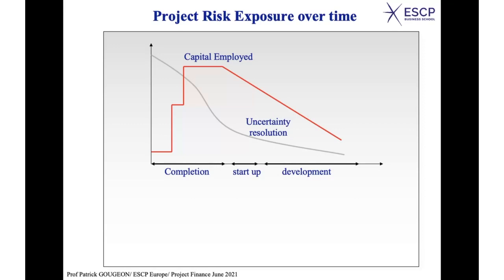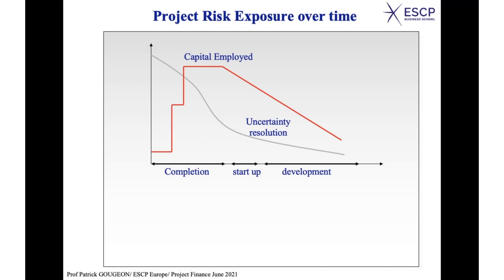You see, the risk is a combination of the uncertainty you are facing and the amount of money you have invested. As long as you have not invested €1, okay, if you have invested nothing, you have no risk. If you have nothing to lose, you have no risk, okay? You start having risk if you have money in the deal, okay? So the red curve here indicates the progression of the capital employed in the project.